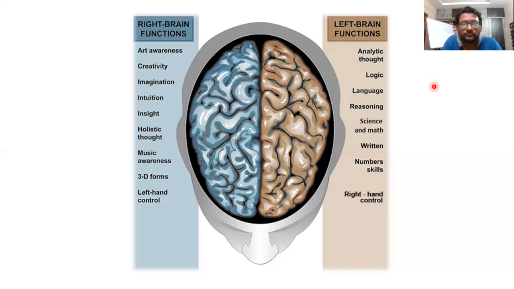The next one is Broca's area. Broca's area within the left brain controls expressive language function and is again located in the left frontal lobe. If any damage happens to this area, it can result in problems with the production of speech itself.